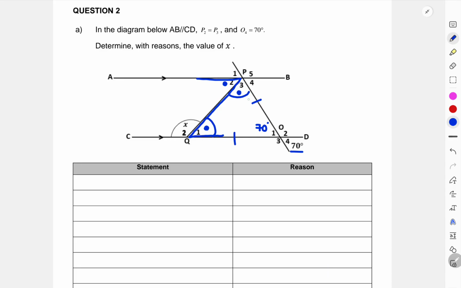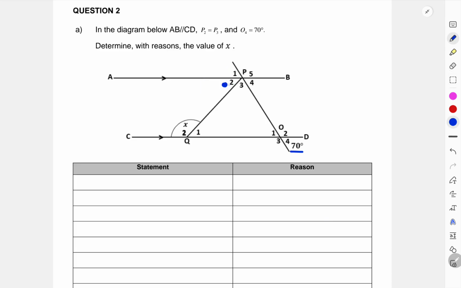So then I can work P3 out with interior angles of a triangle. And then I can say that this X over here is equal to the P3 plus the 70 because of exterior angles of a triangle. So there's your triangle. A straight line has been attached to that triangle, and that has then formed an exterior angle of the triangle. Okay, so let's do that step by step.